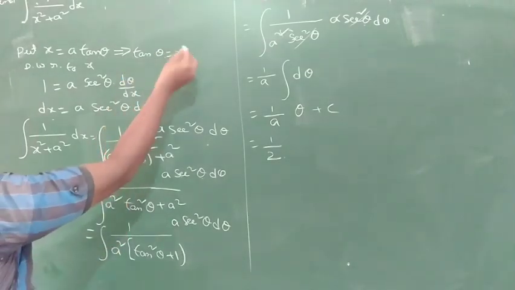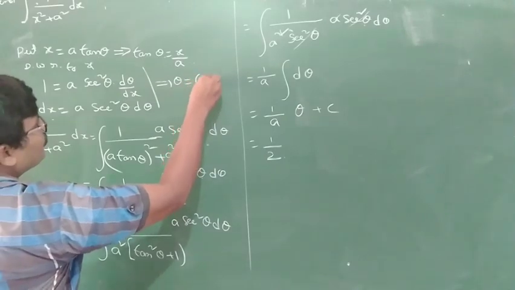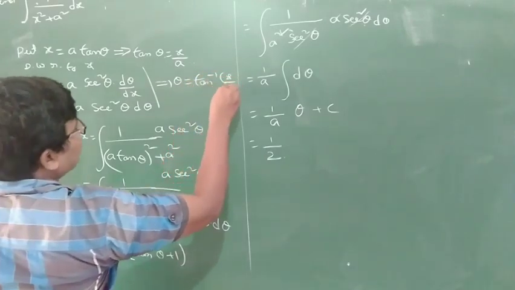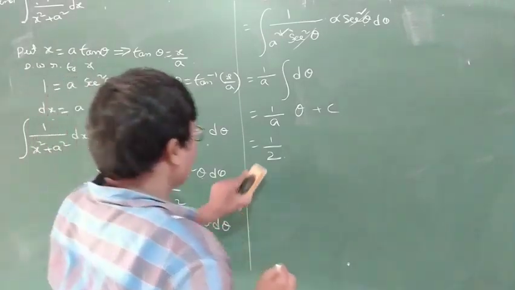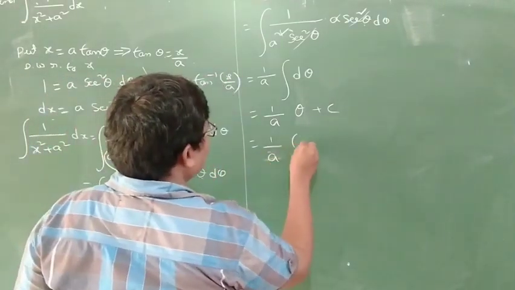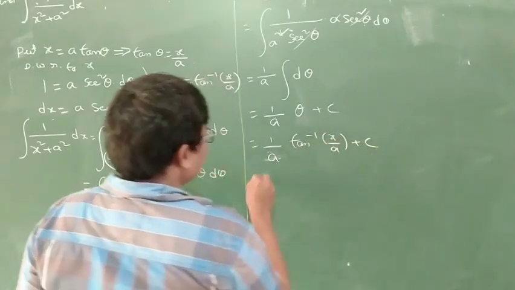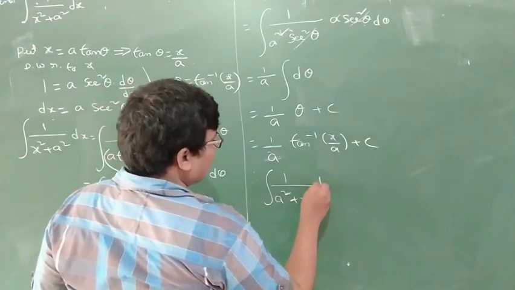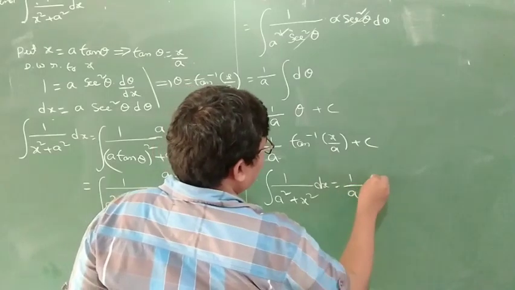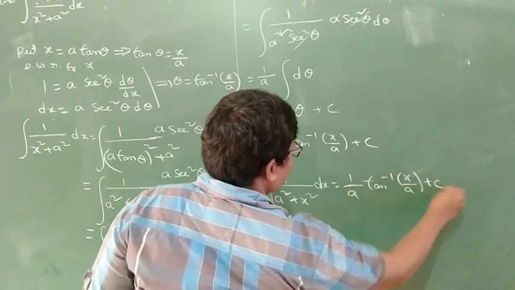Tan theta is equal to x by a, so theta is equal to tan inverse of x by a. So 1 by a theta is equal to tan inverse of x by a plus c. Therefore integral 1 by a square plus x square dx is equal to 1 by a into tan inverse of x by a plus c.